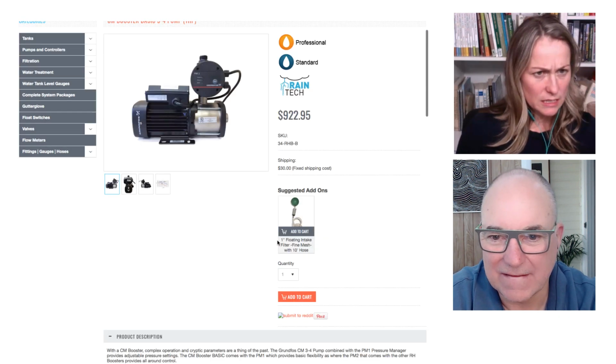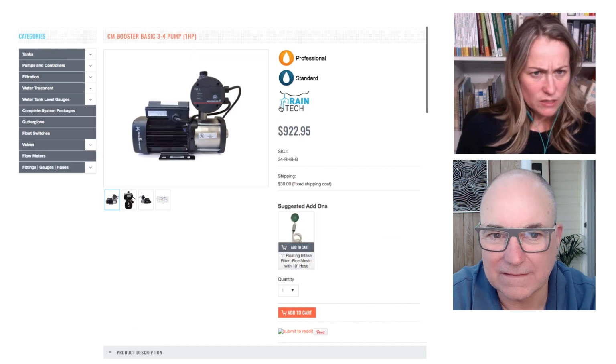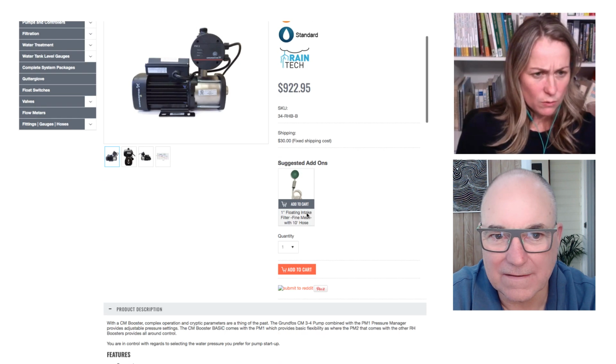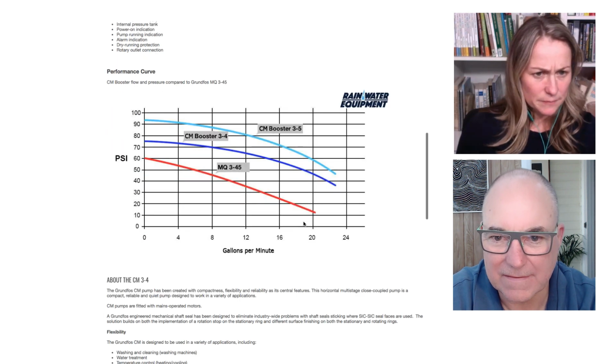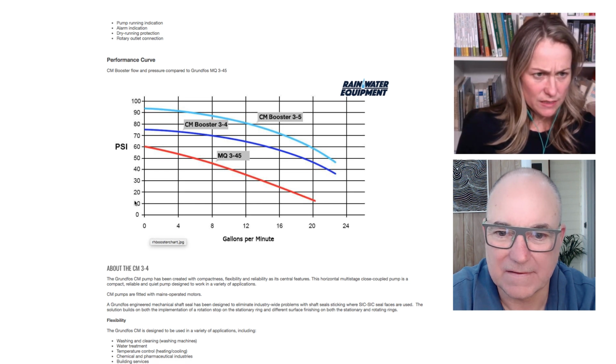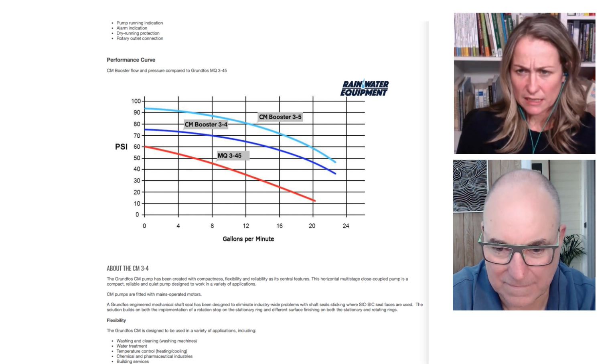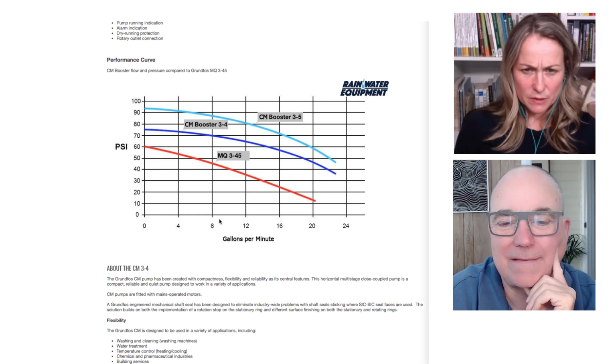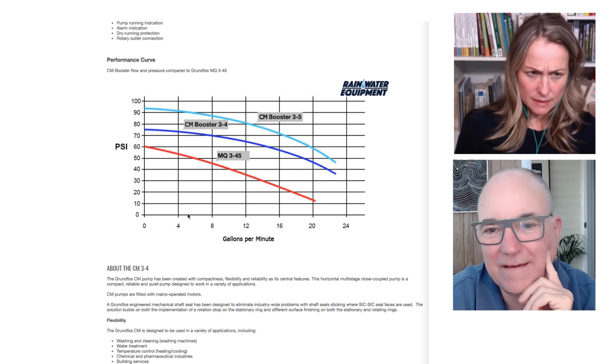It's a rainwater harvesting pump, 1 horsepower, and if I scroll down here, you can see here's the curve, PSI versus gallons per minute. And we just calculated the gallons per minute was 5.2, correct? Yeah, right here. You're right there.